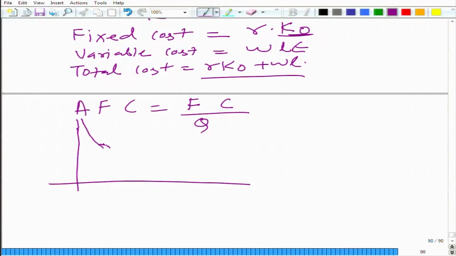So, average fixed cost starts decreasing as the output increases, and eventually it becomes equal to 0, okay. Average fixed cost and here output. More technically, we would say that asymptotically it becomes equal to 0, because in reality it is never equal to 0. And how about average variable cost?